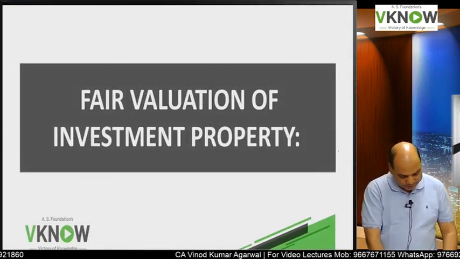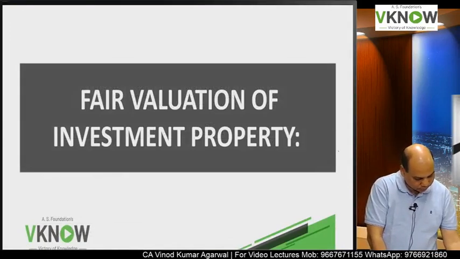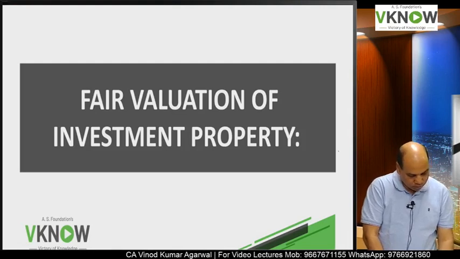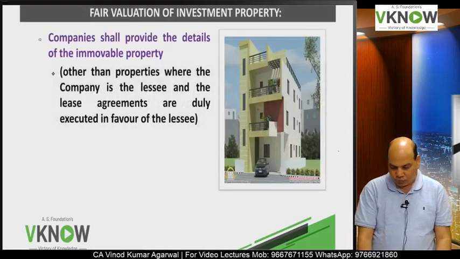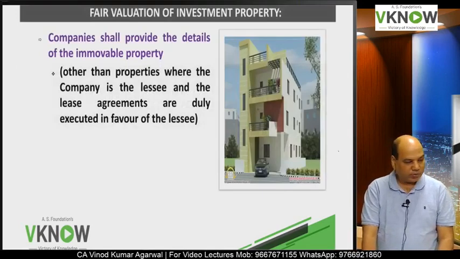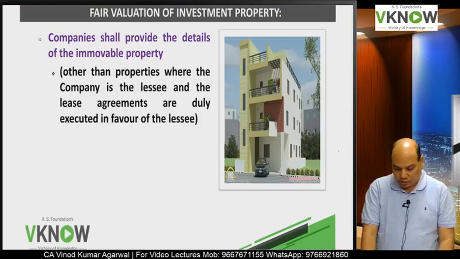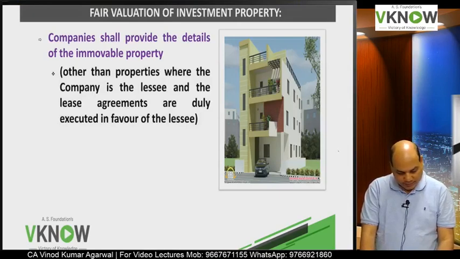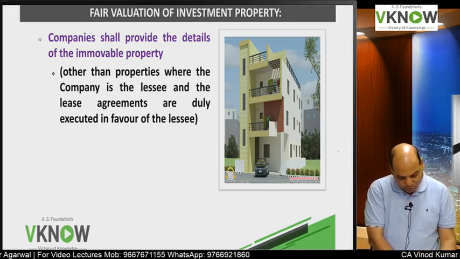Next point: at some place there was a typing error also. Fair value of investment property. So the company shall provide details of immovable property. I think this line got repeated, other than the property where the company is, this is copied from the previous line. Okay, fair value of investment property.